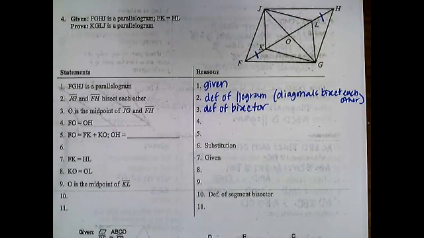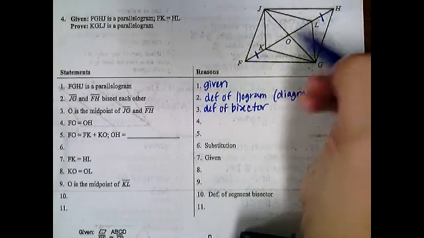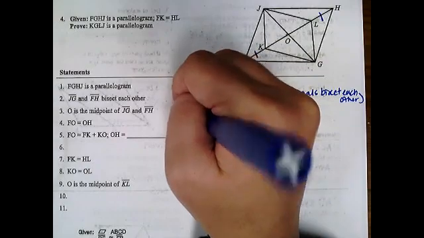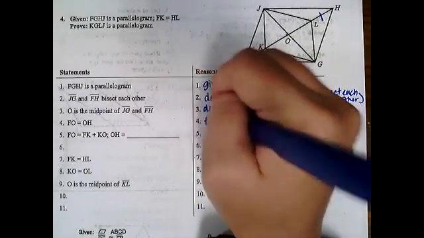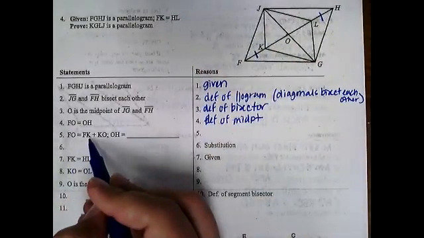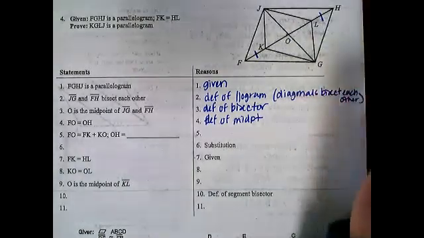FO equals OH. That would be the definition of a midpoint because we said that O is a midpoint. So FO and OH have to be equal. FO equals FK plus KO.